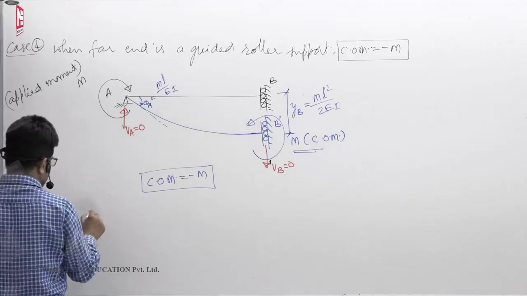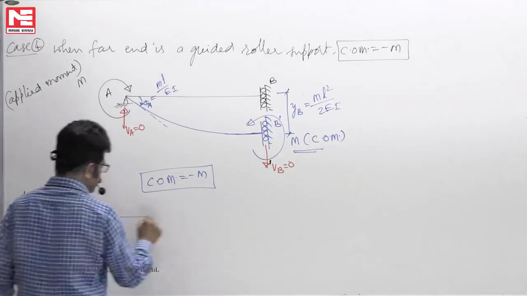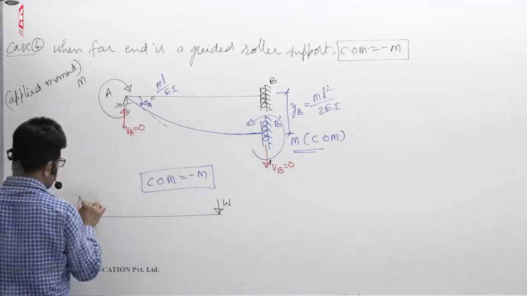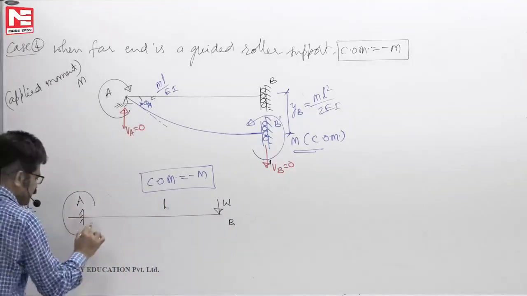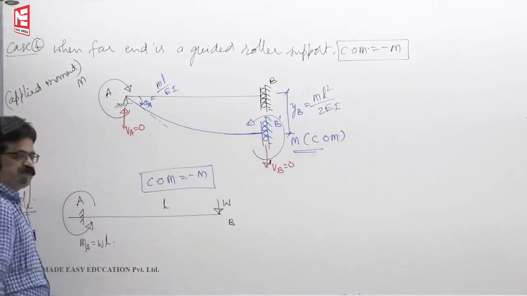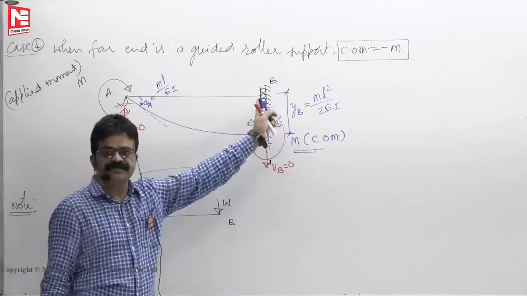Okay. Now, supposing that you take a case like this, a cantilever beam is there, you apply load W. This point, let us say A, B, length is say L. Now the reaction will develop, MA is nothing but W into L. This is also a reacting moment.